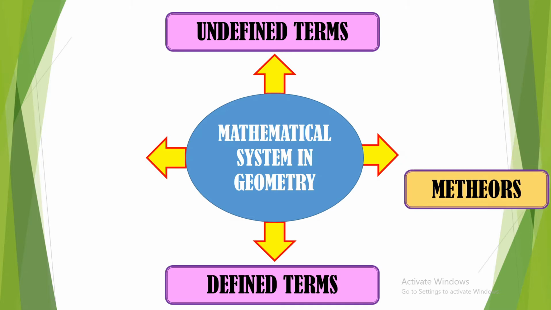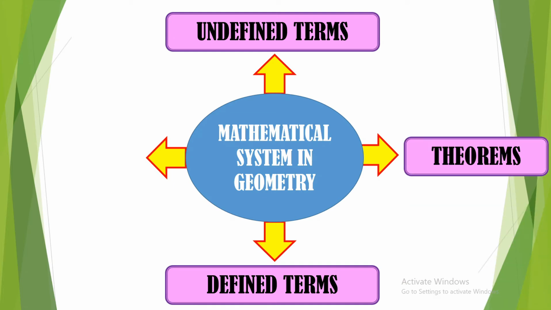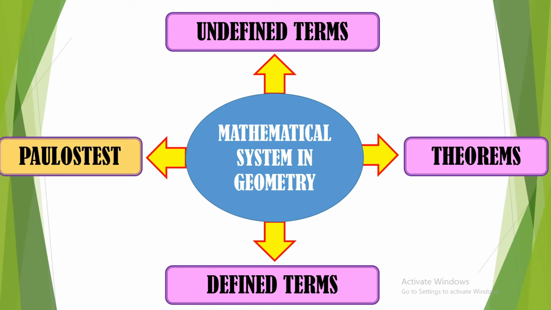This is theorems. How about this last one? Okay, of course we have postulates. So these are the four components of the mathematical system in geometry.